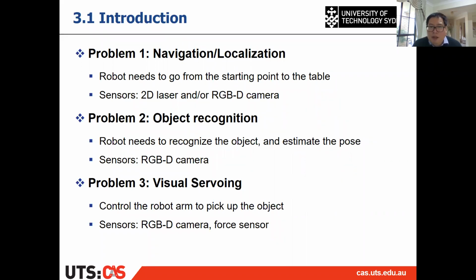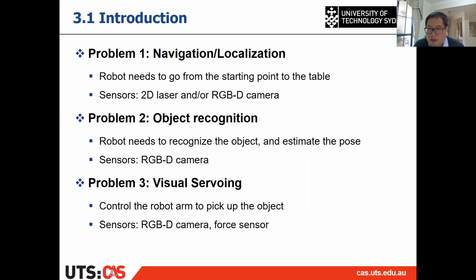And the second problem is object recognition. If the robot has moved in front of the table already, then the next thing is the robot needs to recognize the object on the table, which means it needs to recognize there is an object on the table and what its shape, size, and location are.